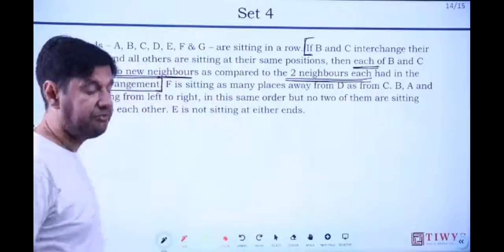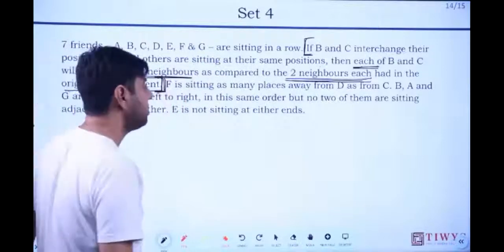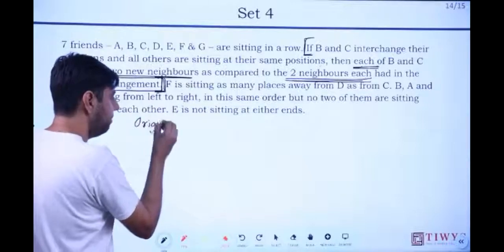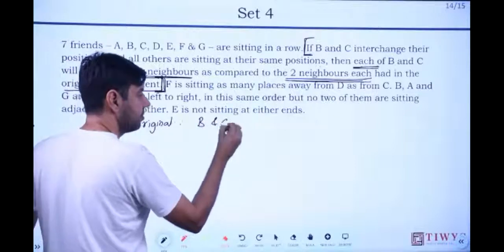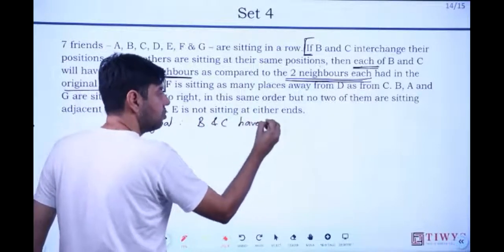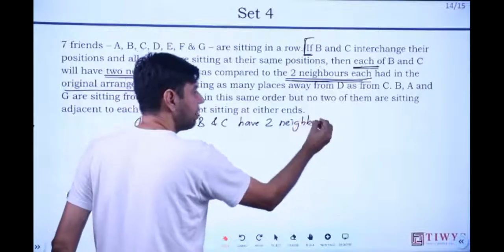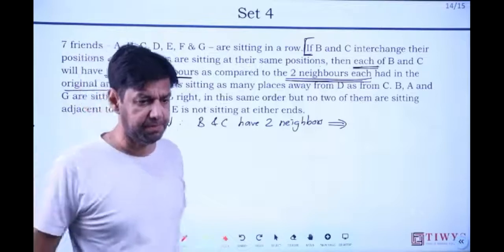Okay. So first things, do you understand? This is a long sentence, students. First things, do you understand? In that original arrangement, B and C will have two neighbors. So what is the meaning of these two neighbors? What might its implication be in terms of arrangement?